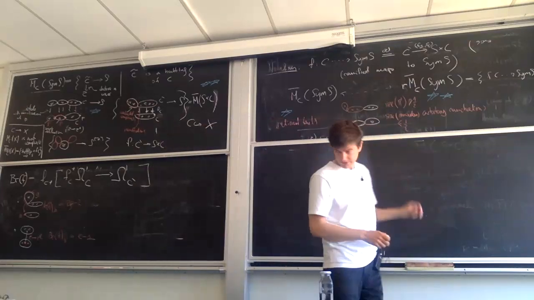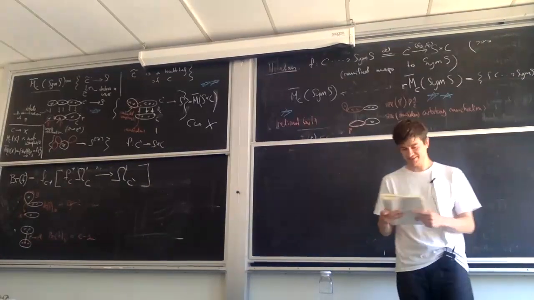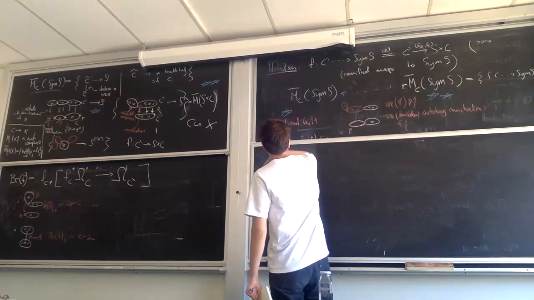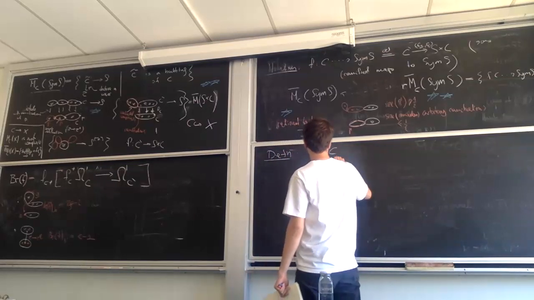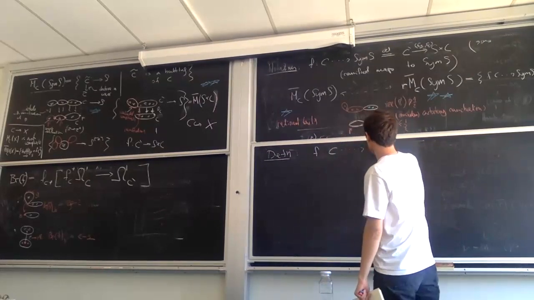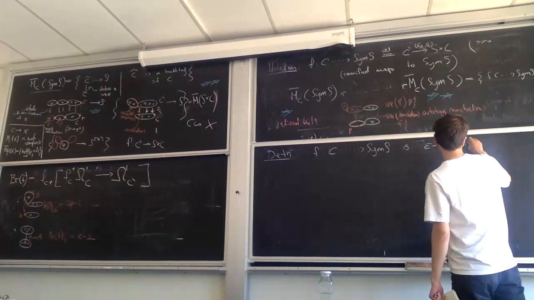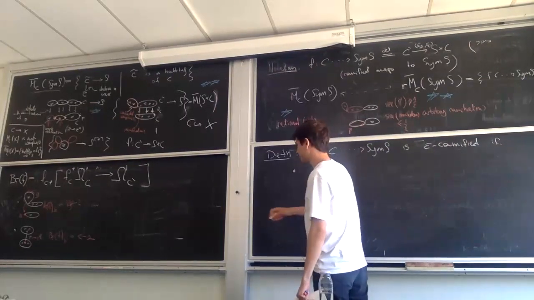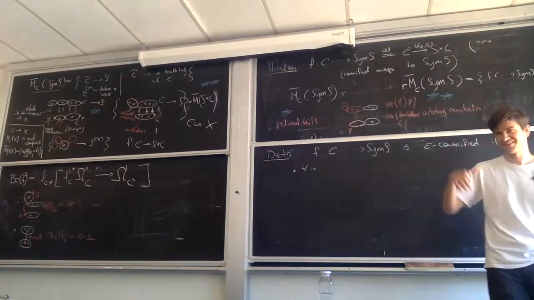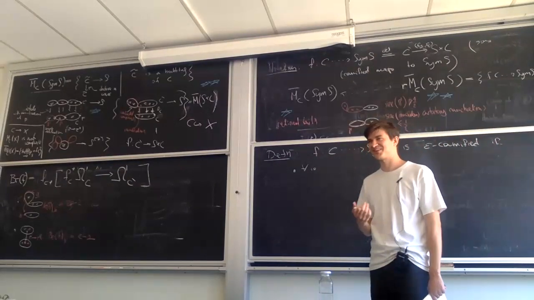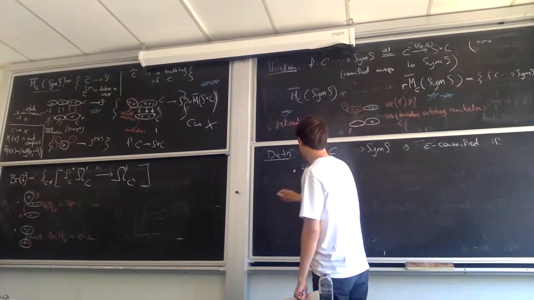So let me now define epsilon-ramified. Definition: a map f from C to C of S is epsilon-ramified if, firstly, for all ramification points, or rather branching points, every point in the support of the branching divisor, the multiplicities of the branching divisor are at most a bound. Down on the base they are called branching points, and up on top they are called ramification points.